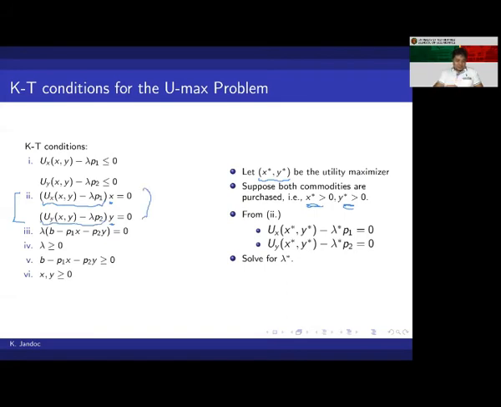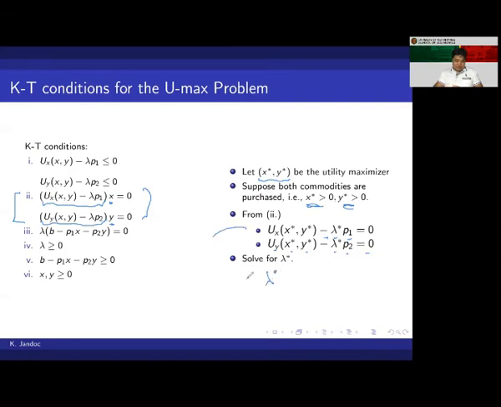So in this case, ux(x star, y star) minus lambda star p1 is equal to 0, and uy(x star, y star) minus lambda star p2 is equal to 0. What we can do here is solve for lambda.